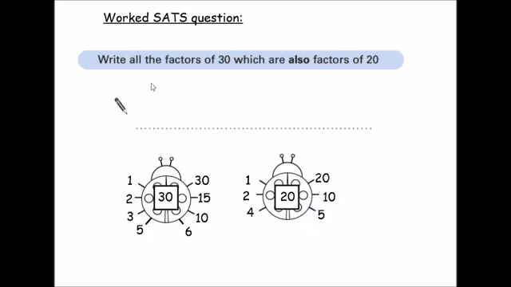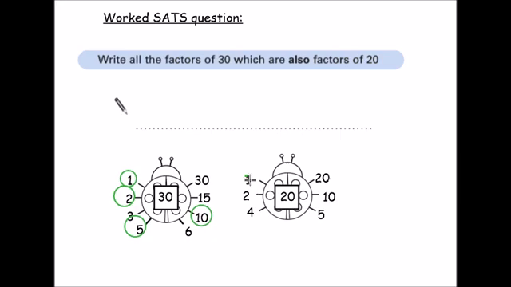Okay, so the question says which factors of 30 are also factors of 20. So we're seeing which ones are the same. The ones that are the same are 1, 2, 5 and 10.